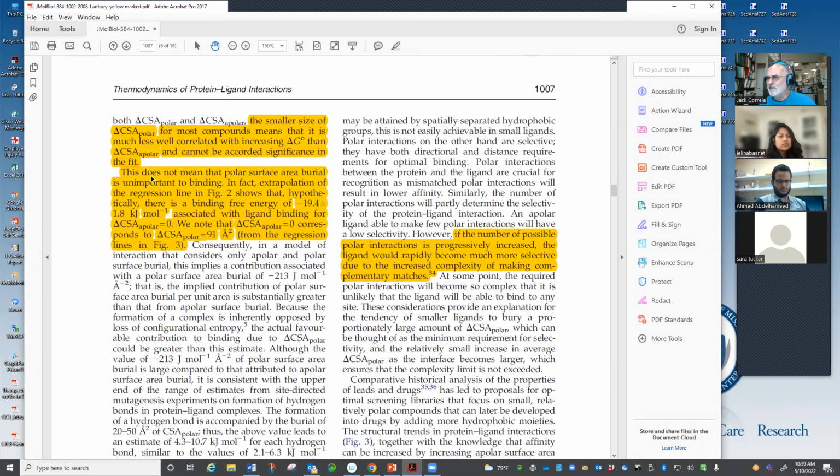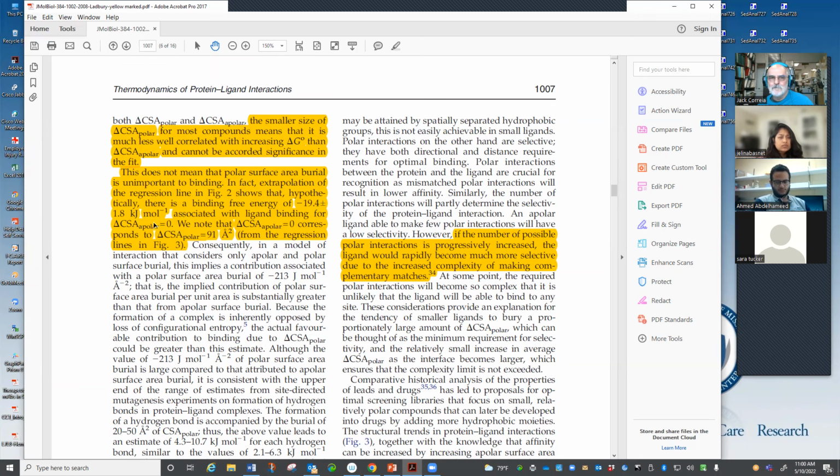But then they say, oh, by the way, this does not mean that polar surface area burial is unimportant in binding. In fact, extrapolation of the regression line shows that hypothetically, there is a binding free energy of minus 19 kilojoules associated with ligand binding for the burial of 0 apolar surface.